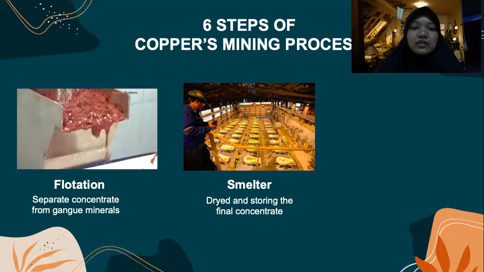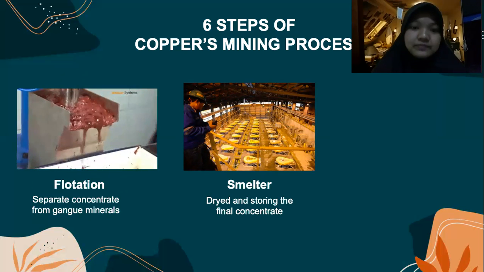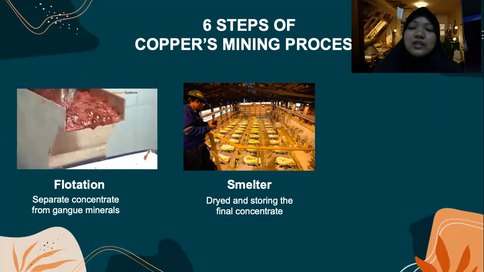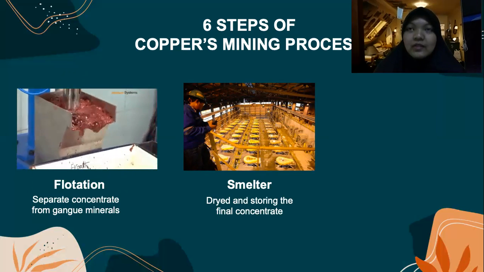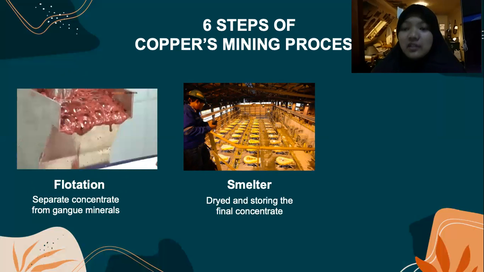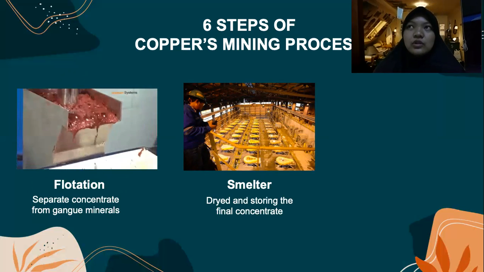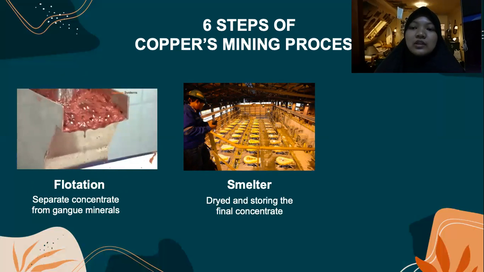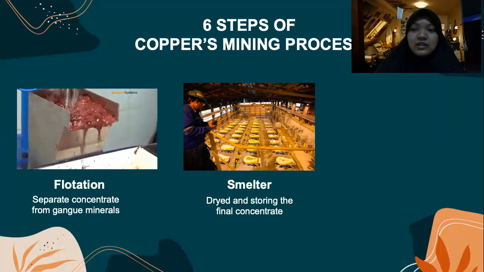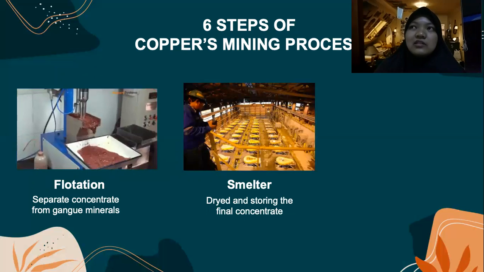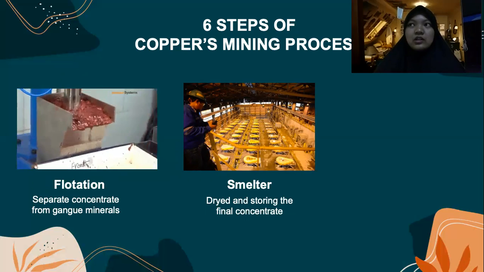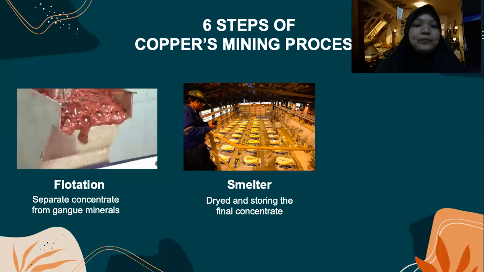storing the final concentrate in the smelter to get dried. Why does the concentrate need to be dried? Because it is very inconvenient to deliver or ship it in liquid condition, and it is also more expensive than shipping it in concentrate form.